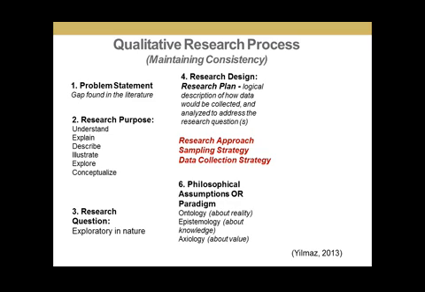We will talk more about the purpose. Then the research question. You have to make sure that the purpose goes with the problem, and based on the purpose, you develop the research question, which should be exploratory in nature, and I'm going to talk more about that.